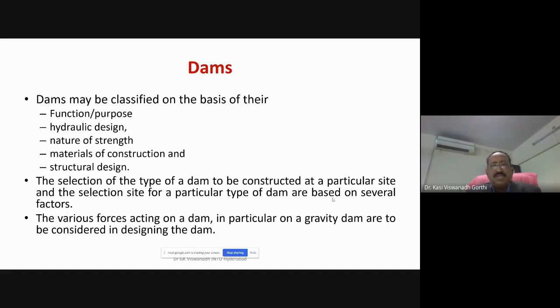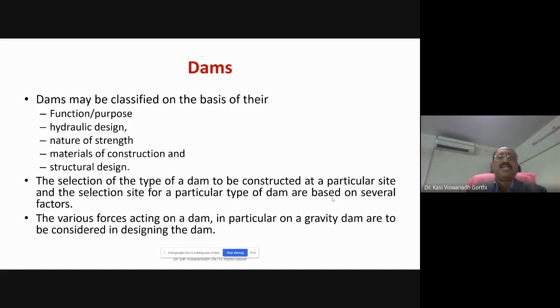It has been noticed that the failure of dams is mainly because of two reasons. One is inappropriate design, either overestimating or underestimating the floods, and the second is structural failure of the dam. Both cases lead to the failure of dams. There were certain deaths also reported.